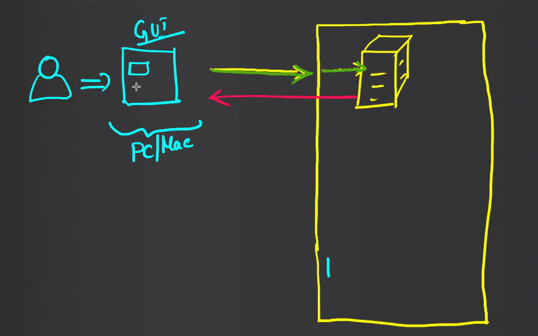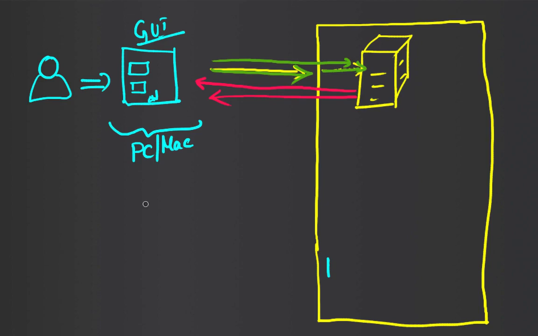I get a user ID and a password and hit enter, and as soon as I hit enter, somebody has to validate it. So again, a request goes to the server, and the server responds saying yes, you're okay to go through, or probably not if I enter the wrong password or use a wrong user ID.